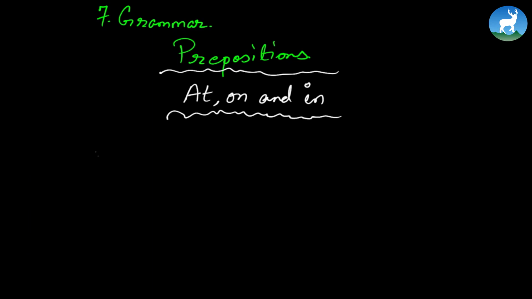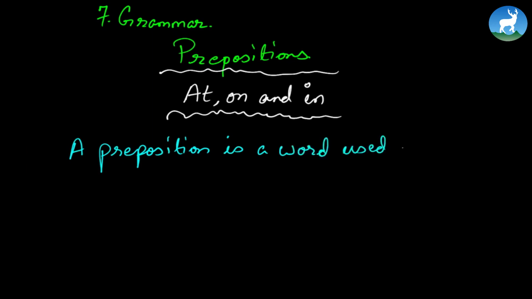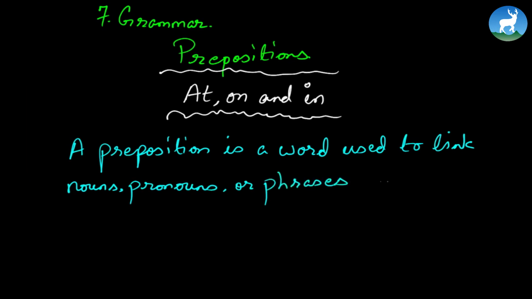So to start with the definition, a preposition is a word used to link nouns, pronouns, or phrases to other words within a sentence.